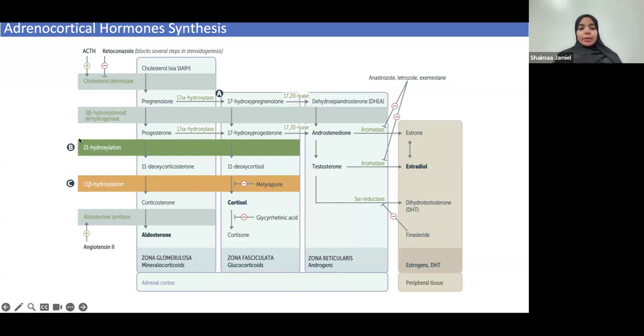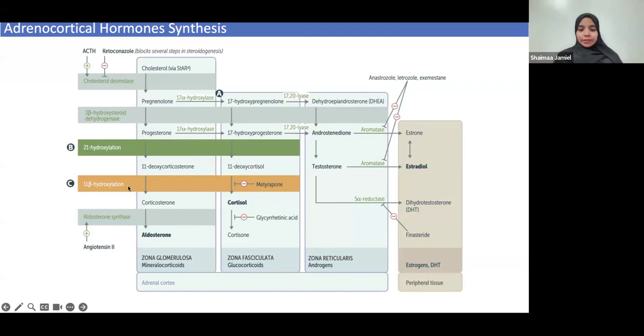And then we have the 21 alpha hydroxylase. This one also basically converts from the progesterone states to give us either the mineralocorticoids or the glucocorticoids. So if we don't have this, we can't produce these, but we can produce androgens, okay?